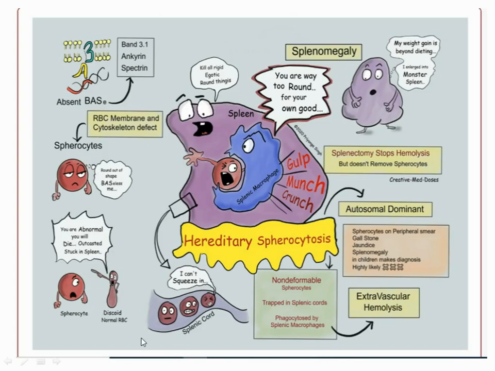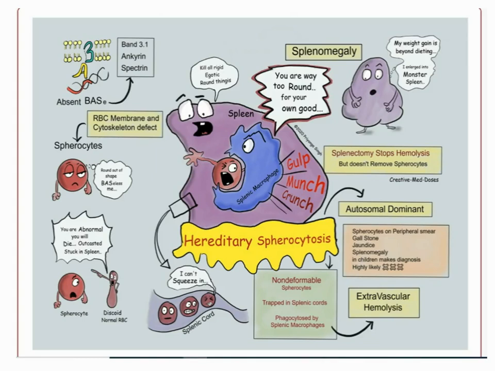These spherocytes will be destroyed by the spleen. Destruction leads to anemia and increased hemolysis, leading to jaundice and splenomegaly, because the spleen becomes an enlarged monster.